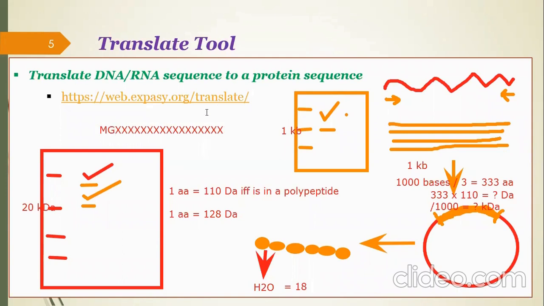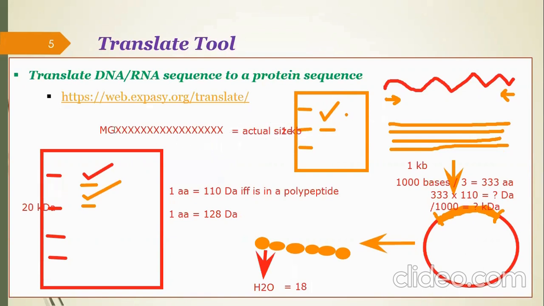Keep in mind, don't simply count these amino acids and multiply that with 110. If you want to have some idea, you can multiply that way. But for the actual size, don't just multiply with 110.